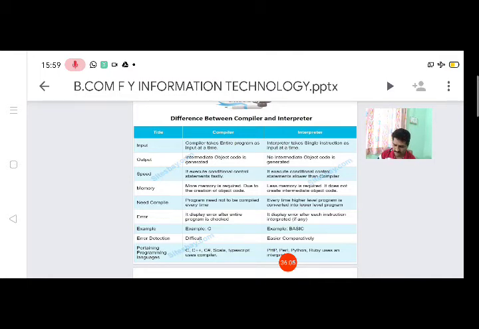The compiler generates intermediate object code, and the interpreter does not produce any intermediate object code. The third basis is the working mechanism. In a compiler, compilation is done before execution, while in an interpreter, compilation and execution take place simultaneously.